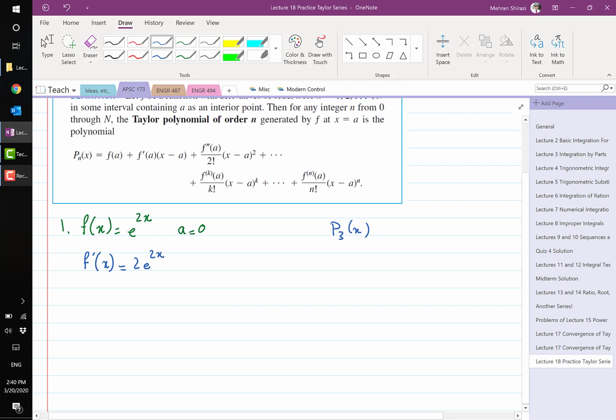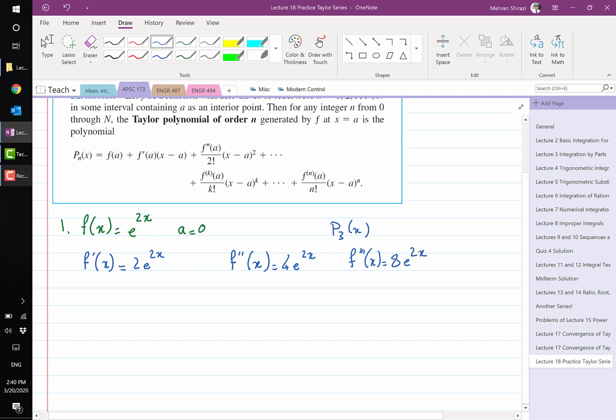We also need the second derivative. It's extremely simple. You just multiply that by this 2. 2 times 2 is 4, and e to the power of 2x. We might need the third one. It's easily 8e to the power of 2x.